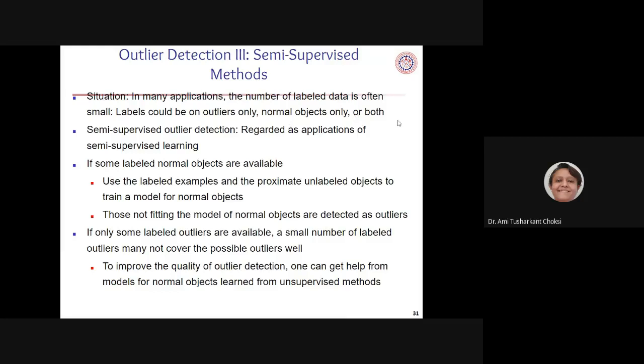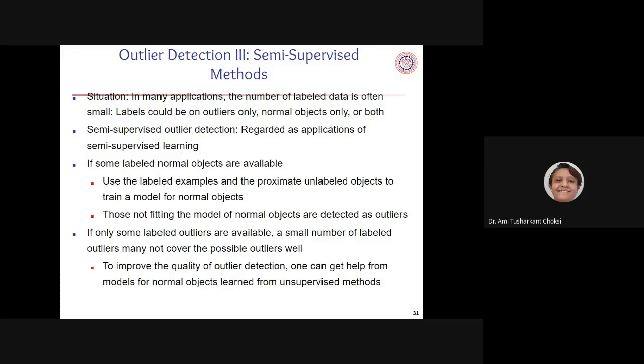Whatever labels are given to us, for semi-supervised methods, the number of labeled data is often small. Labels could be on outliers only, on normal objects only, or on both.